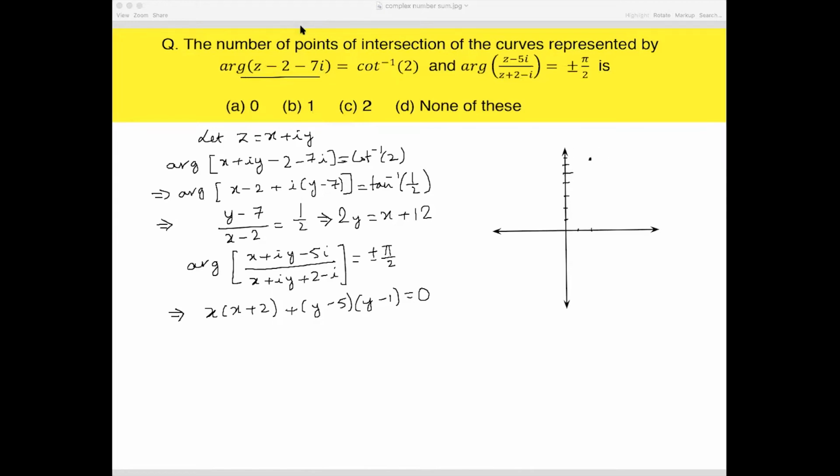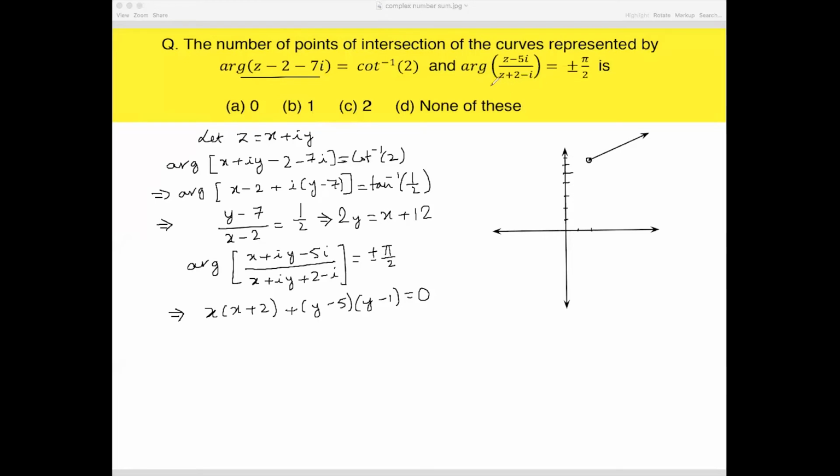So the ray must point away in this direction because we have tan inverse half, which is an acute angle here. And remember to note that there is a hole here.